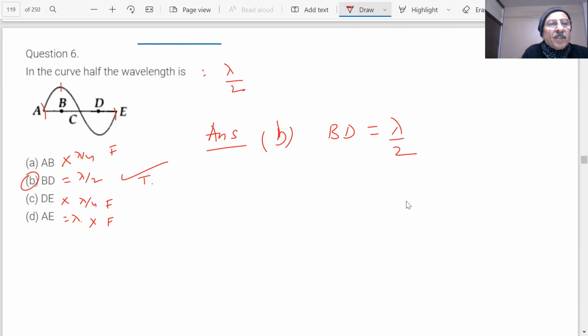If I draw this and this also, what will be that value? This will be lambda by 2 also. Got it? Yes, sir. That is the distance between two successive points, one is a trough, the other is a crest. Trough and crest. Okay.